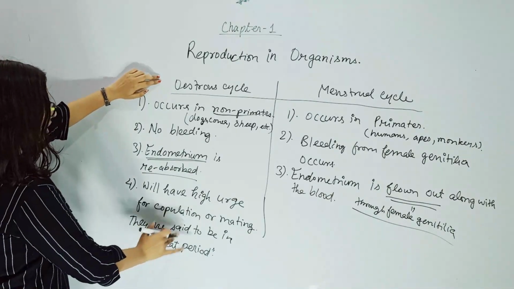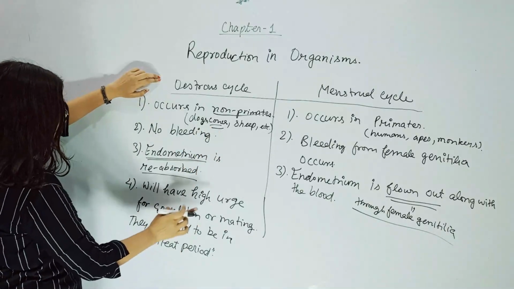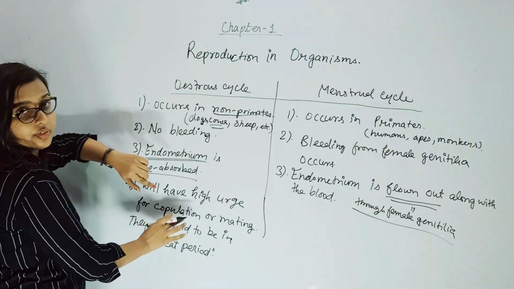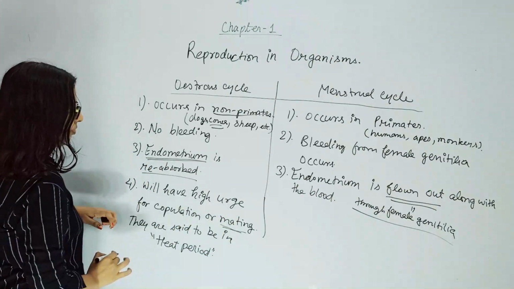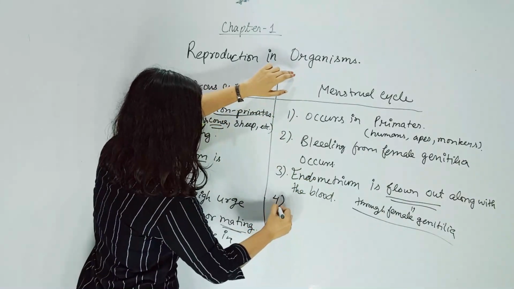You would have seen in case of cows that there are certain heat periods in which those cows can be taken for mating. But in case of the menstrual cycle, the opposite happens.